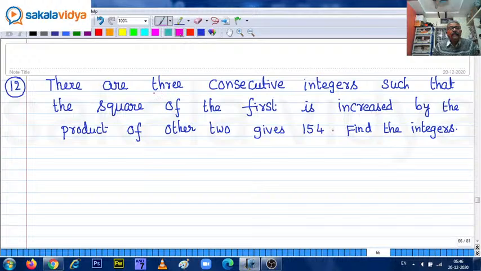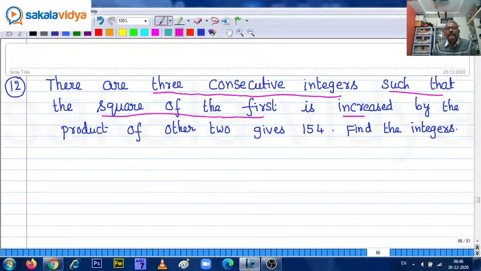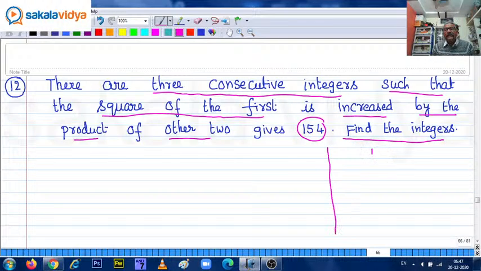See, there are three consecutive integers such that, what are the conditions? The square of the first is increased, means added, by the product of the other two, equal to 154. Then find the integers. So suppose our plan will be like this. If you read this question comprehensively, we notice that there are three consecutive integers. We can say x, x + 1 and x + 2.